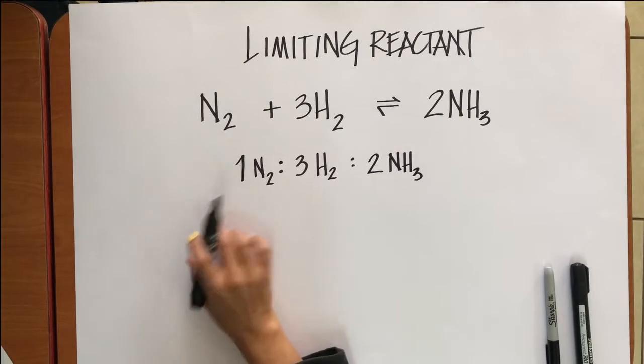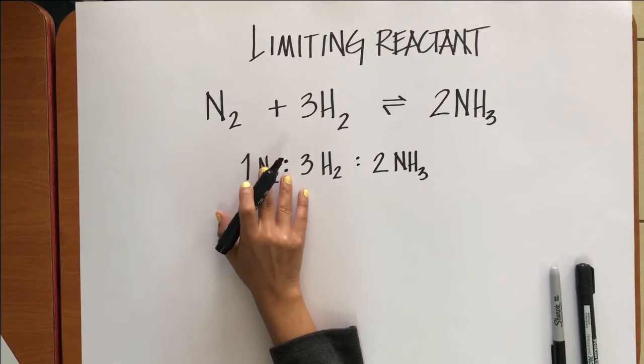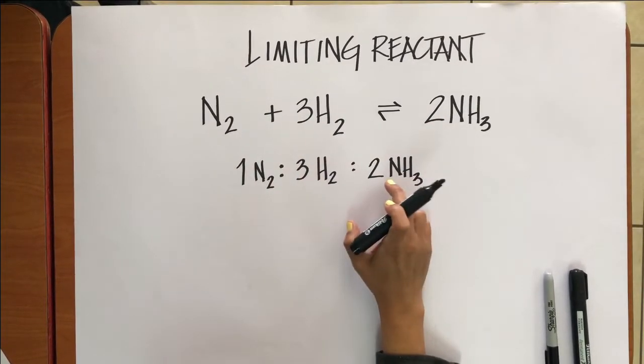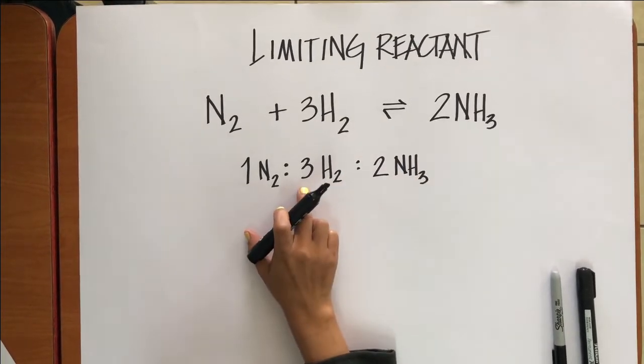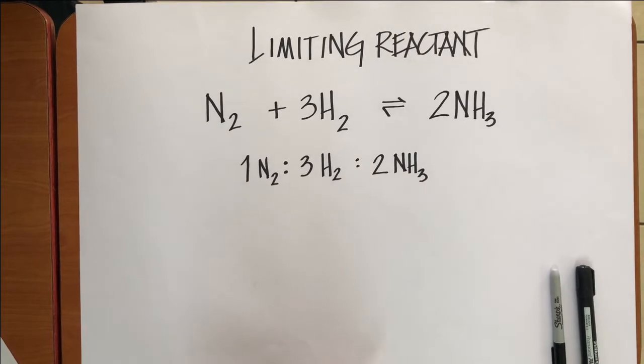So this is my ratio. I have 1 to 3 for the reactants, versus 1 of nitrogen to 2 of ammonia, which is a product, or 3 of hydrogen versus 2 of ammonia, again a product.